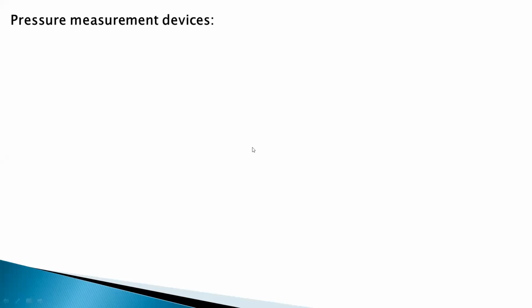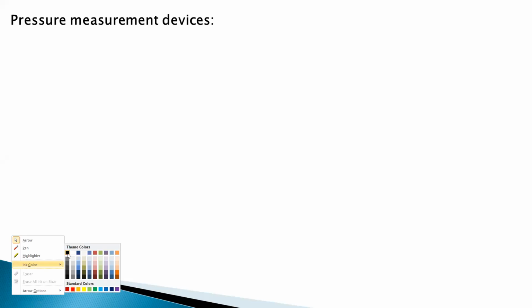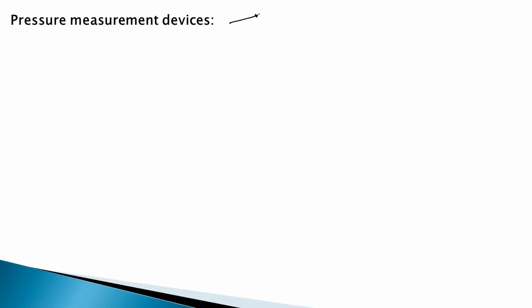So, in this session, we will study the pressure measurement devices. In the previous session, we have seen the hydrostatic law. In the pressure measurement devices, we have a manometer, this is the U-tube manometer.